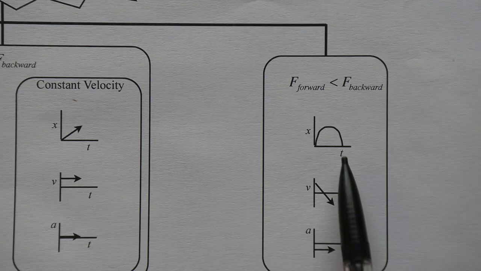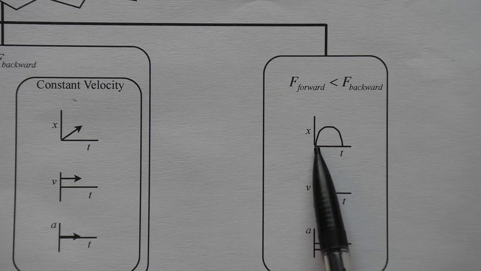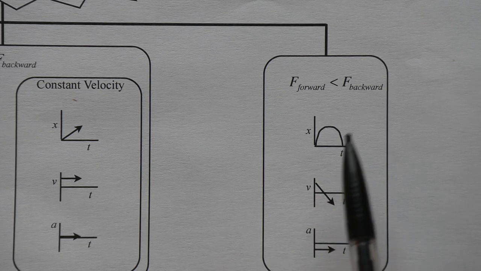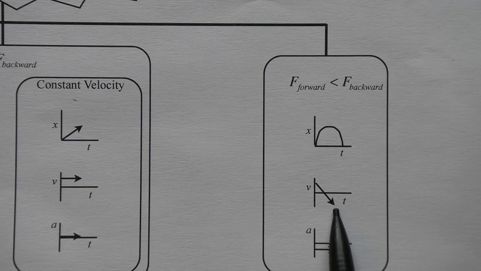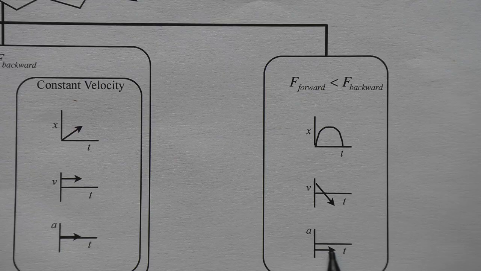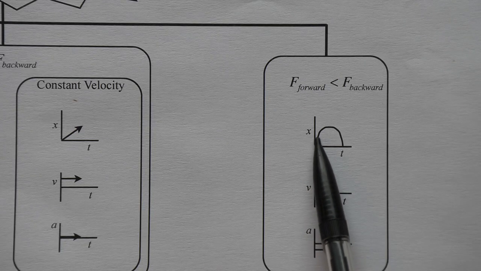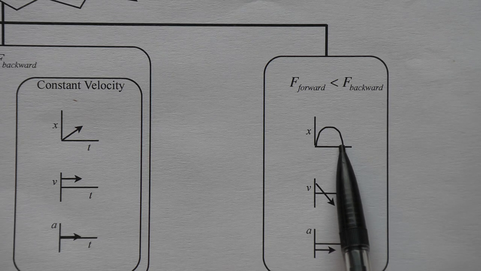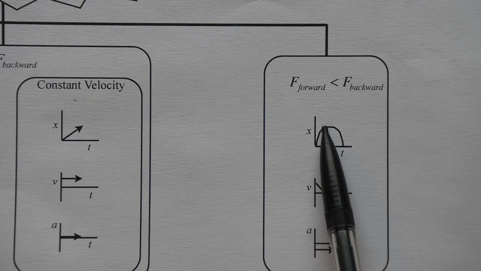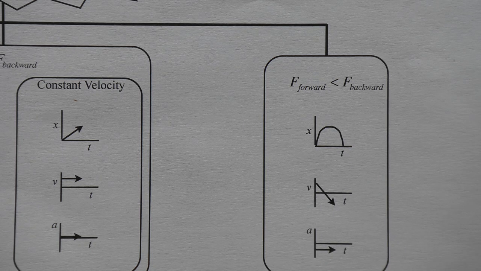All of a sudden a hurricane hits with 200 mile an hour winds or something, and you eventually get pushed backwards. Velocity goes from positive to negative, in a straight line. The entire time the acceleration is negative. When you're slowing down and speeding up, people say, oh, now you have negative acceleration, then positive when you start speeding up. No, we're speeding up in the negative direction. We're slowing down in the positive direction. Both of those are negative accelerations.